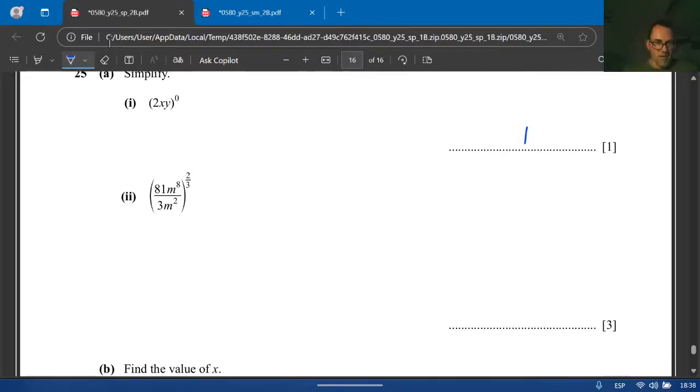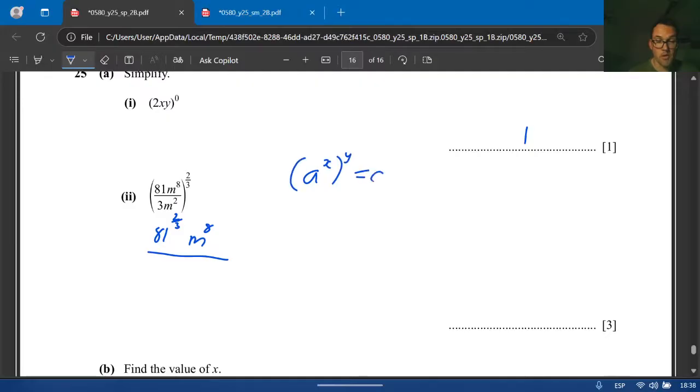Okay, now remember, everything inside the bracket is to the power of 2/3. Okay, that means 81 is to the power of 2/3. M to the power of 8 is to the power of 2/3. Now, power to a power, remember your index rules. If you got a power to a power, what do you do? You multiply them together.